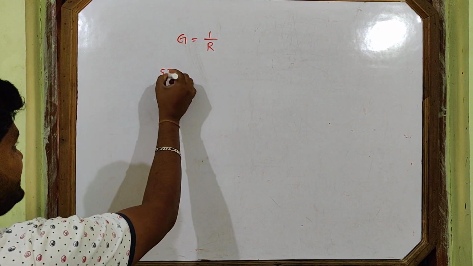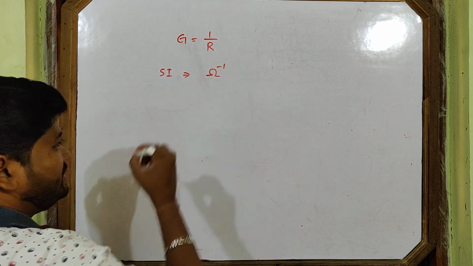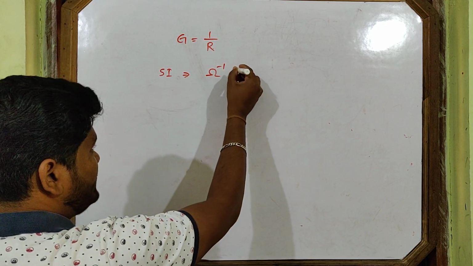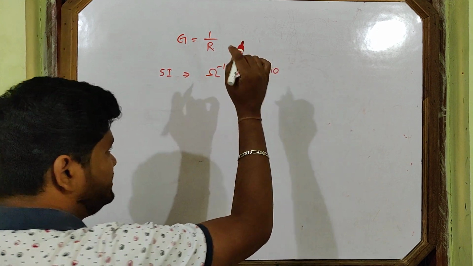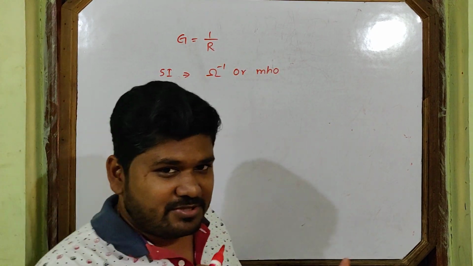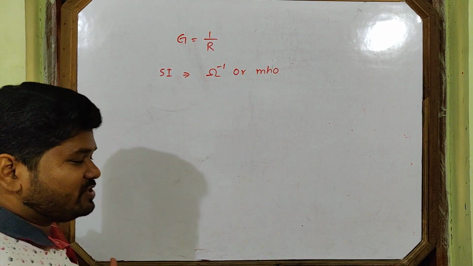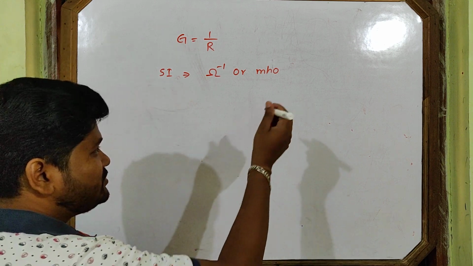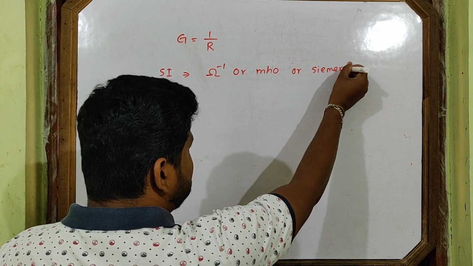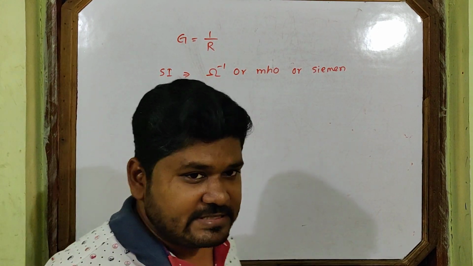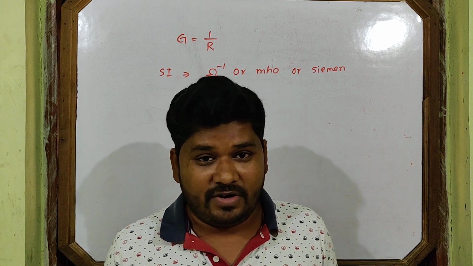Then its SI unit, this is ohm, so the SI unit will be ohm inverse, or you can write the SI unit as MHO. Some books just reverse the word ohm, so it becomes MHO, sometimes pronounced as mho. Another unit is Siemens. The SI unit is Siemens, or ohm inverse.